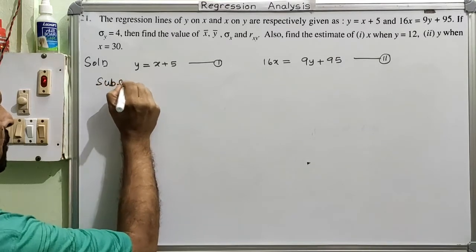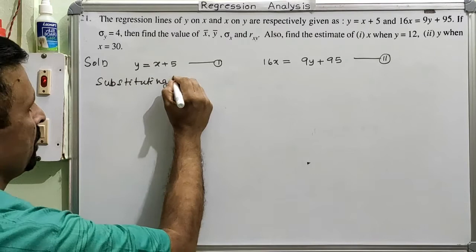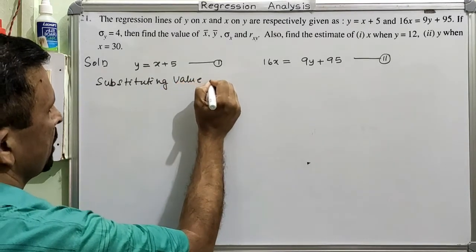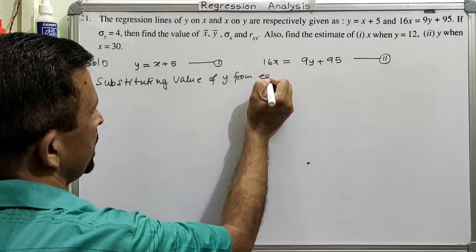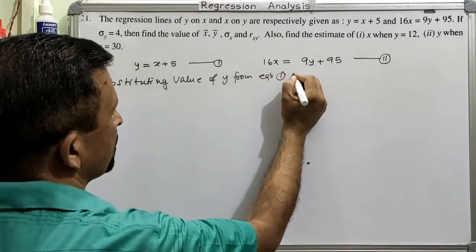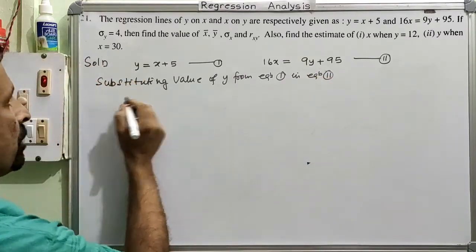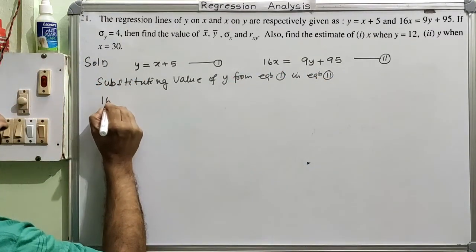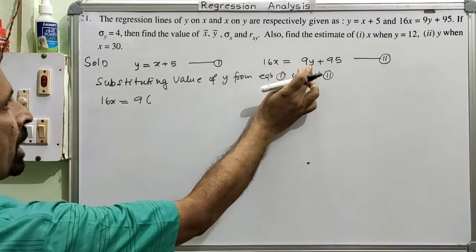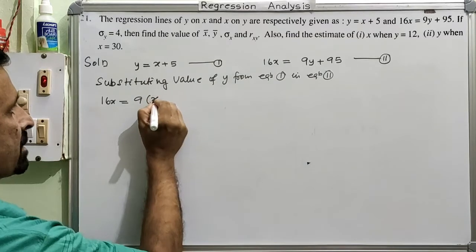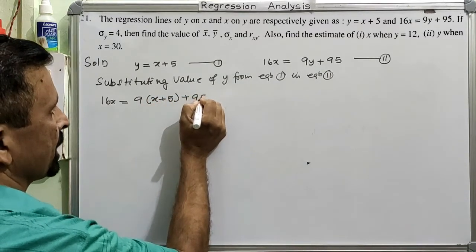Substituting the value of y from equation 1 in equation 2. So what happens? 16x is equal to 9, and for y we will put this value x plus 5, so 9 times (x plus 5) plus 95.